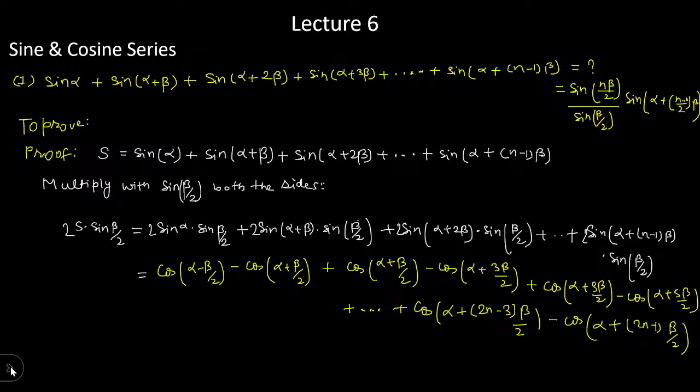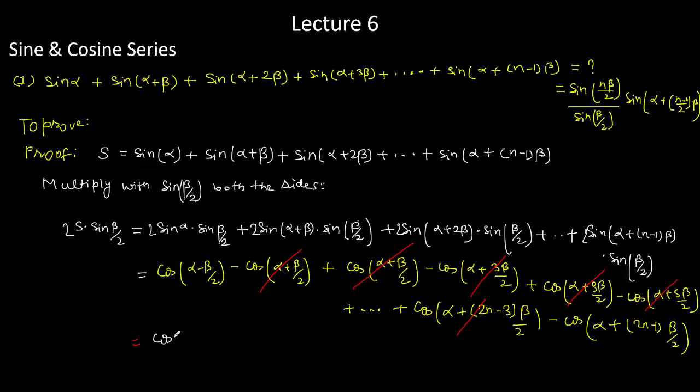To make every line visible, I am just changing the color, so don't worry. If you see, this is going to get cancelled with this, further this will get cancelled, and this will get cancelled. So we are left with the first one and the last one.